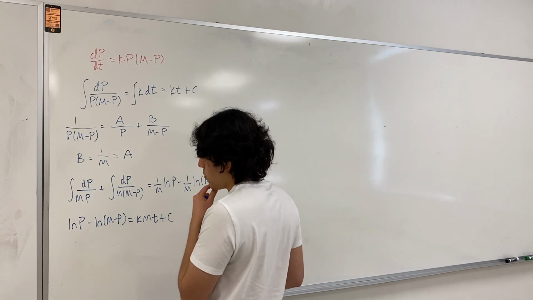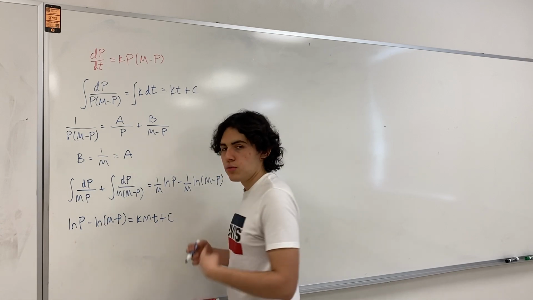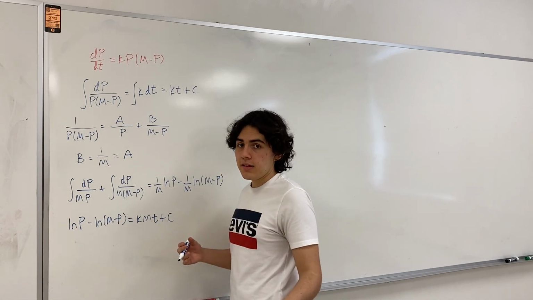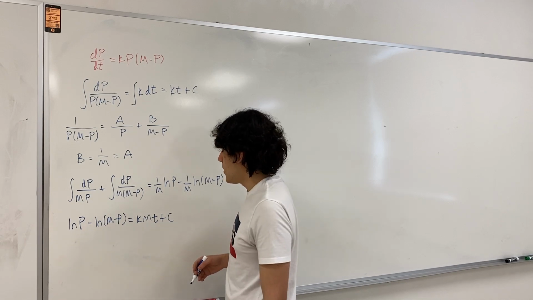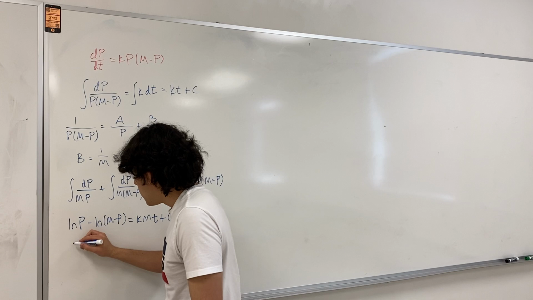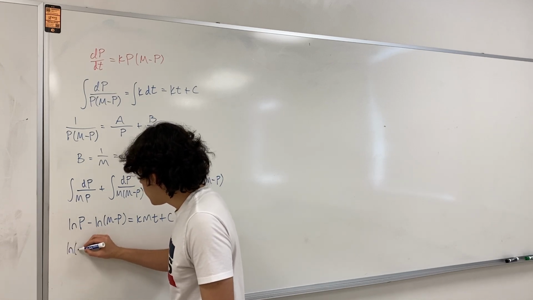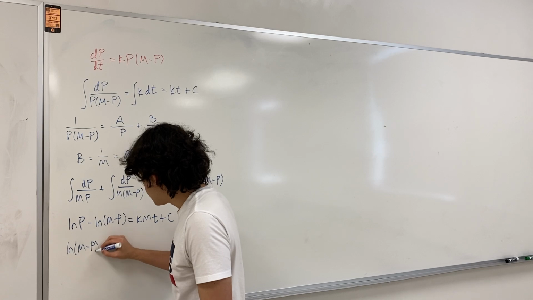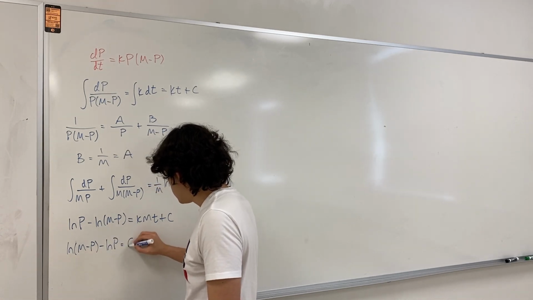Now there's a really great property that we can use here. I hope you remember that if you're subtracting two ln's, that's the same as dividing the amounts inside each logarithm. So I'm going to multiply by -1 so that we can do the following. If I multiply both sides of the equation by -1, we have ln of m minus p minus ln of p is equal to c.